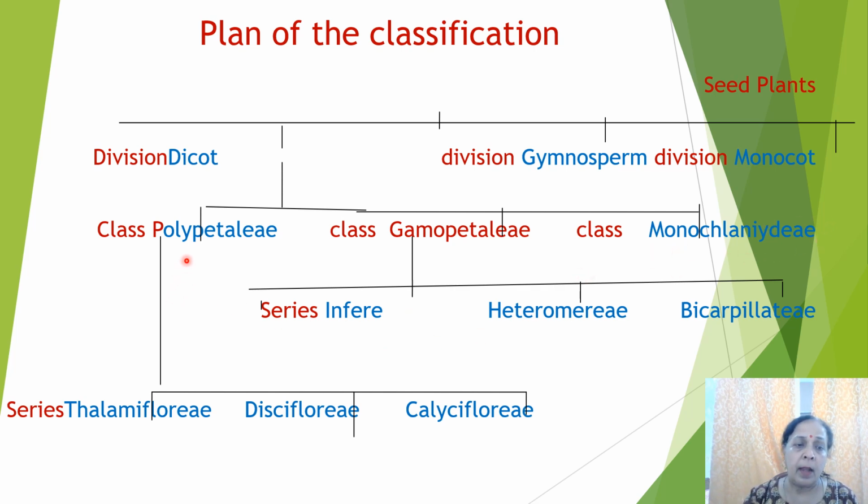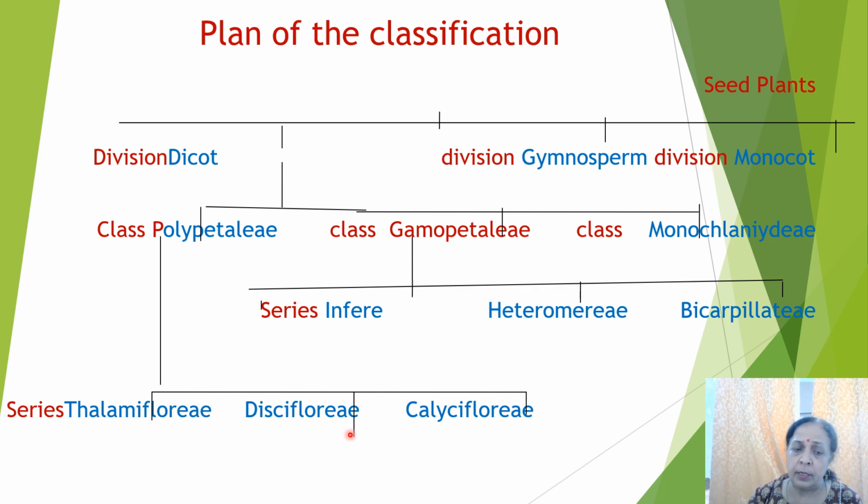Again, class Polypetalae is divided into three series on the basis of position of ovary. First is Thalamiflorae, second is Disciflorae, third is Calyciflorae. Thalamiflorae includes hypogynous flower bearing families where the thalamus is dome shaped.